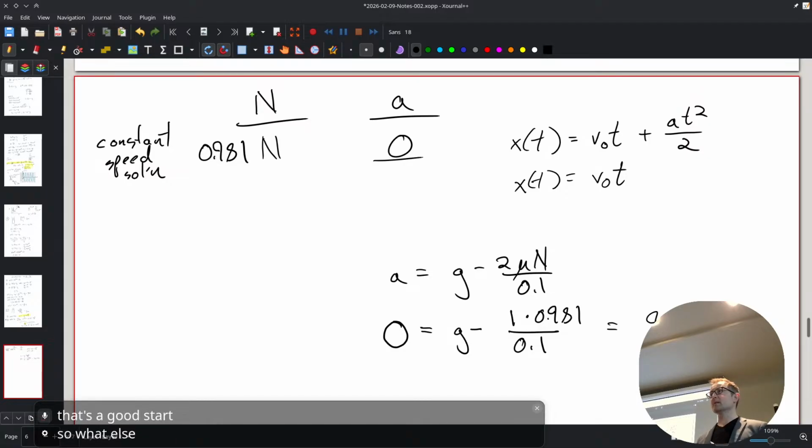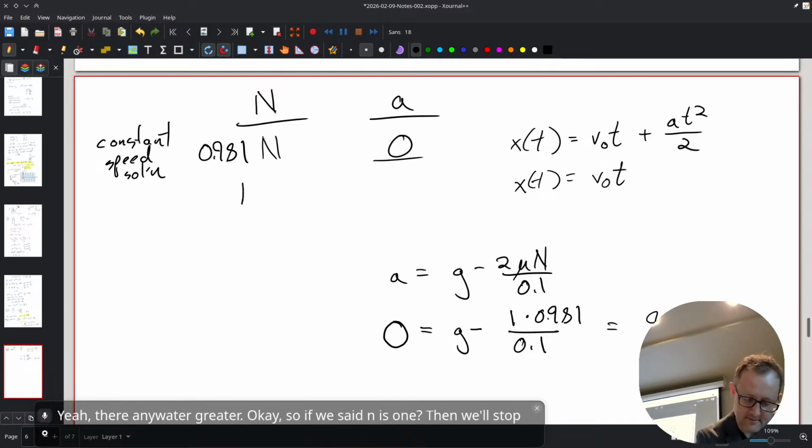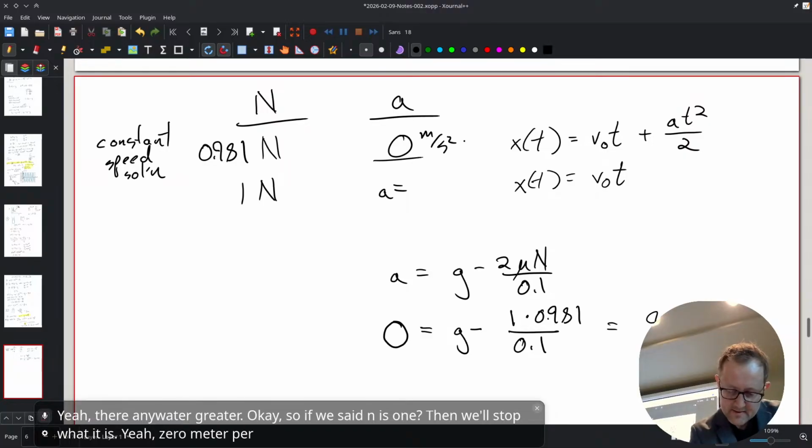So what else could we? Yeah. So now any normal force greater than that number will eventually stop it. Okay. So if we said n is 1, then it will stop. What is 0 meters per second squared.